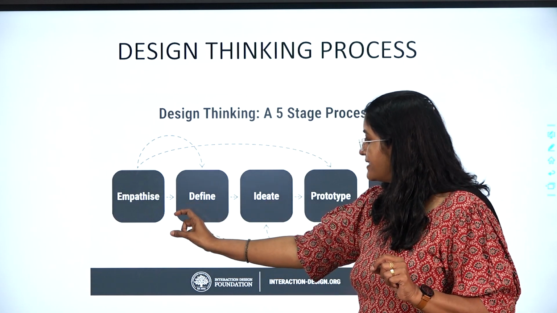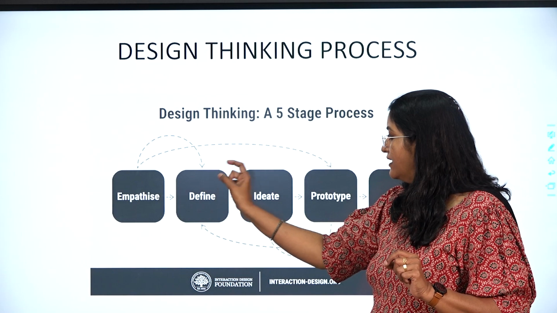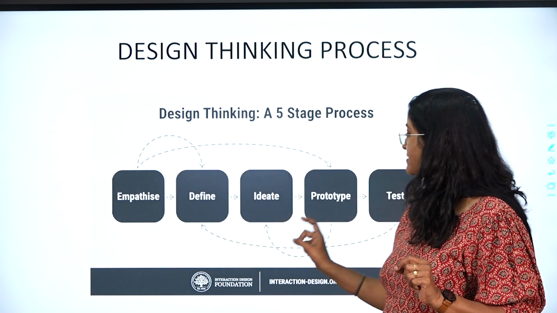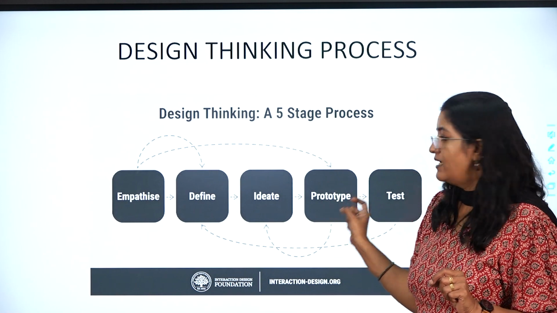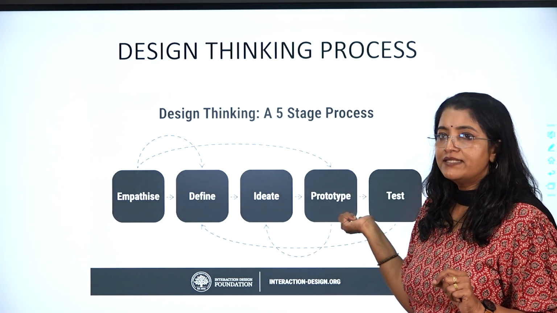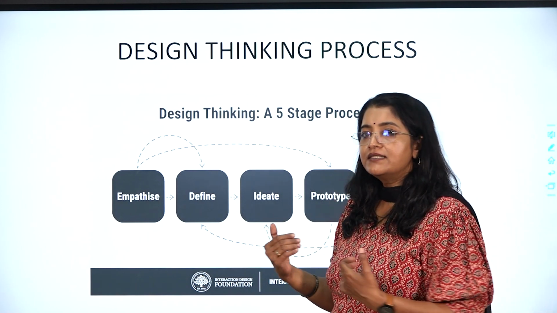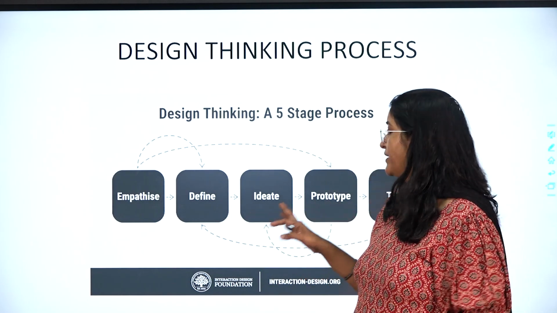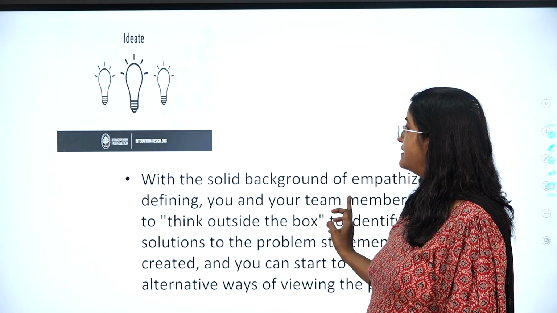So empathizing the customer journey, defining the problem. On the basis of that, you create the ideas, go for prototyping it, and take it to testing in the market to find whether there is a market fit, or find the product market fit. So these are the 5 stages of design thinking.